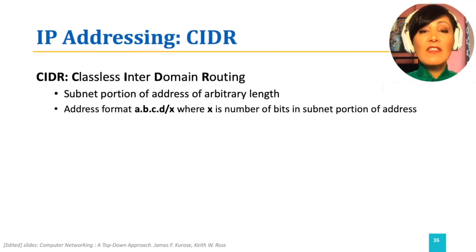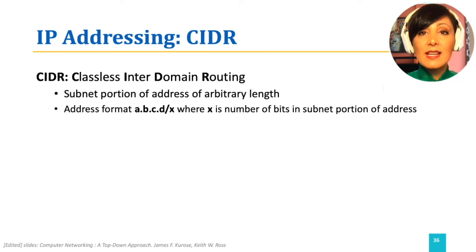Back to the question of how do we decide an IP address assignment, let's summarize what we learned. The high-order bits of the IP address define the subnet, and the lower-order bits address the host within the subnet. CIDR, which stands for Classless Interdomain Routing, is the Internet's IP address assignment strategy. Using CIDR, the subnet portion of address could be of any arbitrary length.